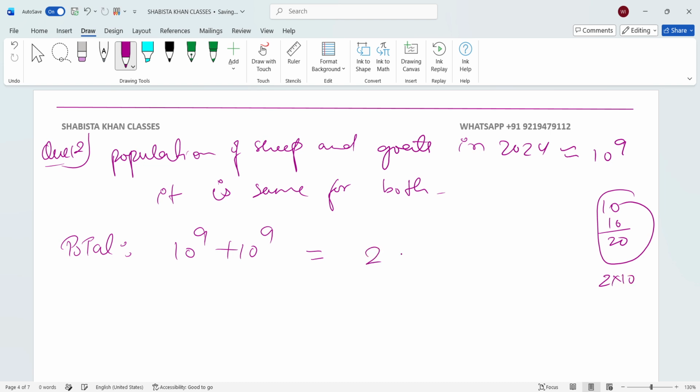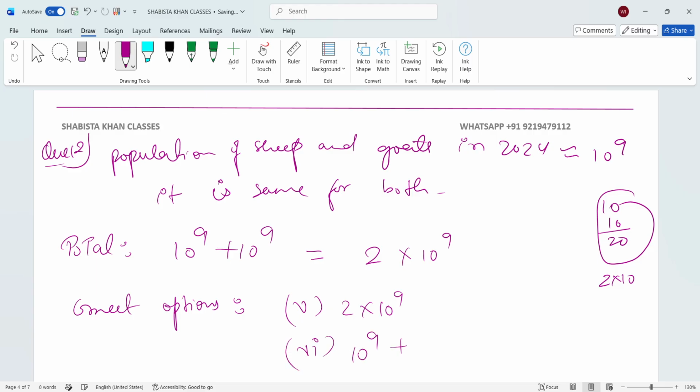So we can write it as 2 multiply 10 to the power 9. So which correct options are? Tell me the options 5 and 6.